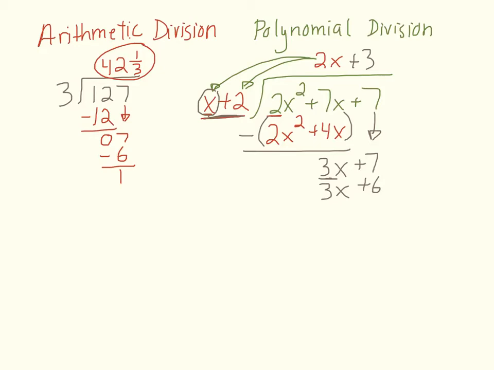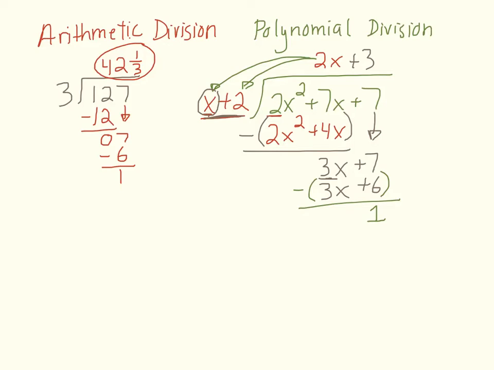And this is going to work out nicely because we're going to subtract these two quantities. 3x minus 3x, that's just 0x, and 7 minus 6 gives us 1. So here, x can't go into 1. So we say that x is unable to be multiplied by anything to get into 1. So 1 is our remainder.